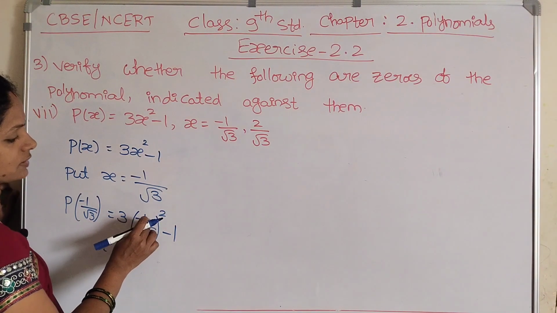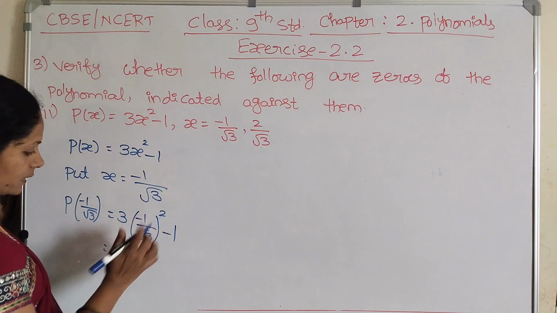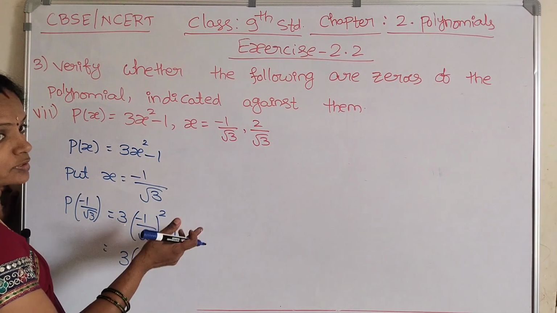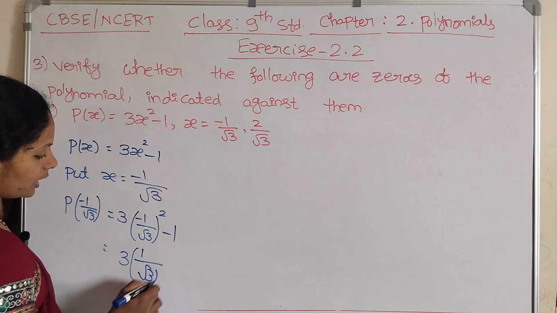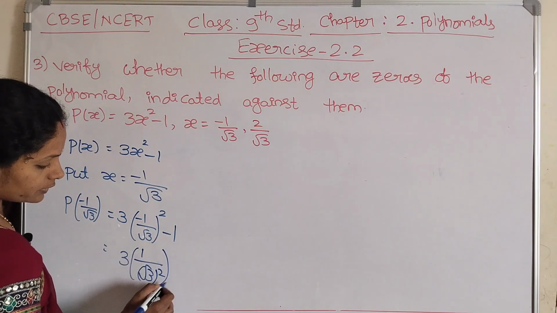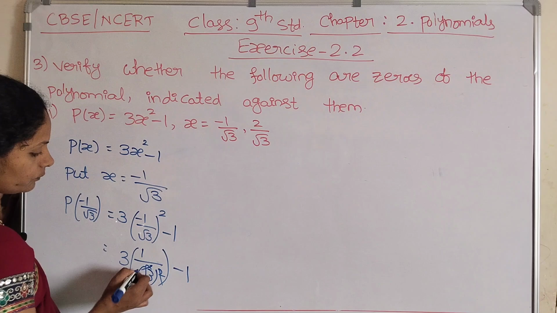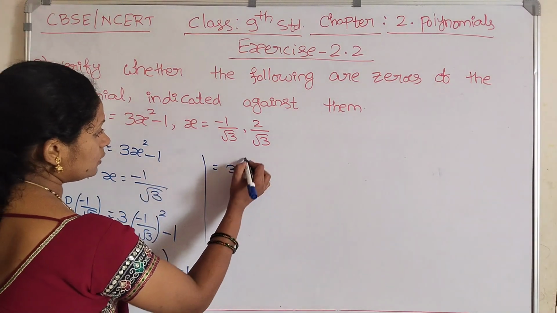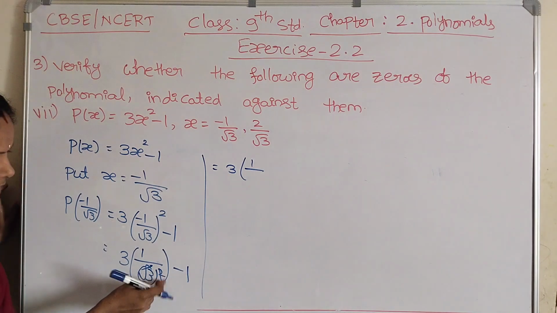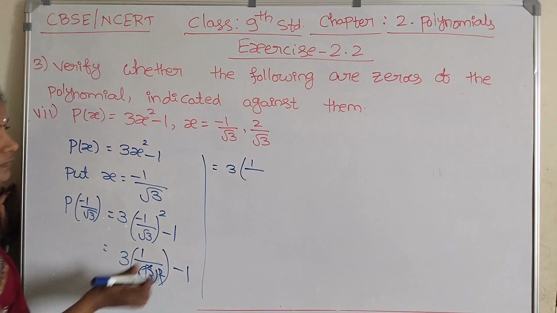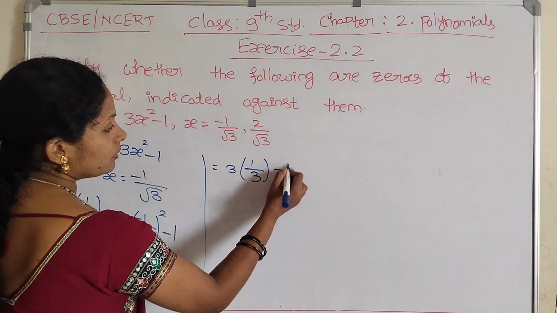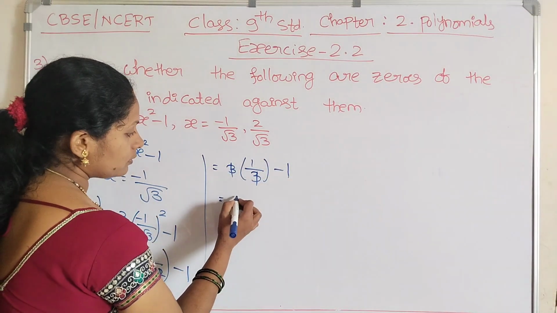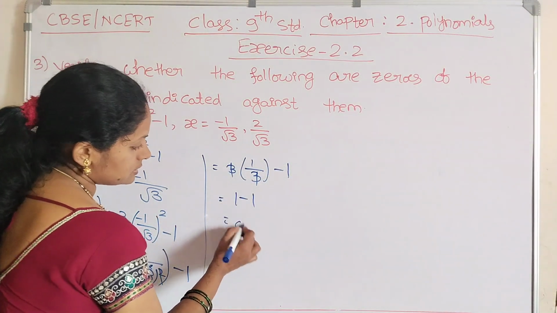Minus 1 into minus 1 becomes plus, divided by root 3 whole square, so the square and square root get cancelled. After this we get 3 into 1 by 3, minus 1. 3 gets cancelled, and 1 minus 1 is 0.